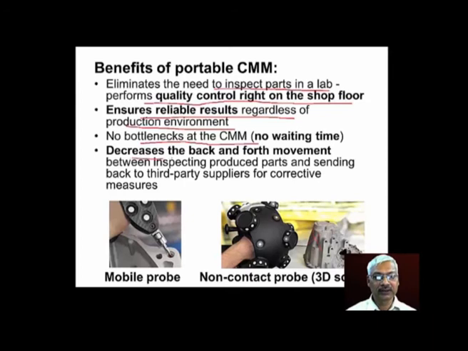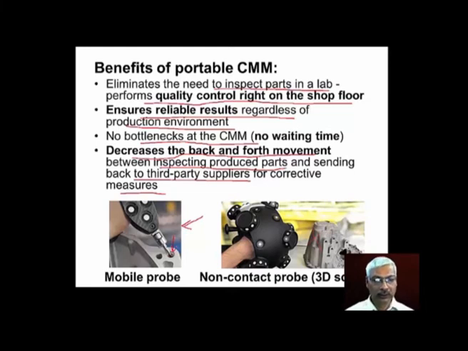This decreases the back and forth movement between inspecting produced parts and sending back to the third party suppliers for corrective measures. So this picture shows a mobile probe, contact type mobile probe.